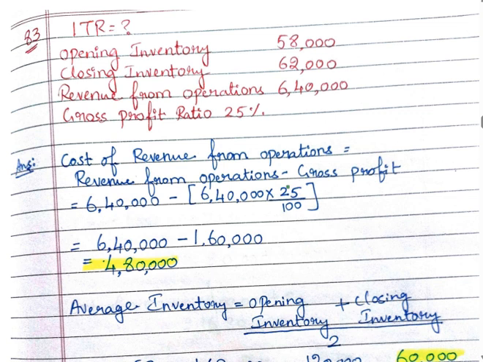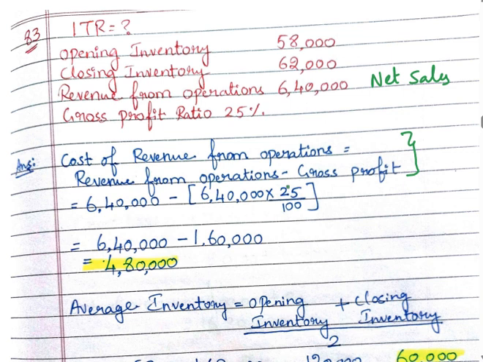You should calculate inventory turnover ratio. Opening inventory is given, closing inventory is also given, revenue from operation, net sales is given, and gross profit ratio is 25%. Now, cost of revenue from operation will be equal to revenue from operations minus gross profit. We have already seen this formula before.